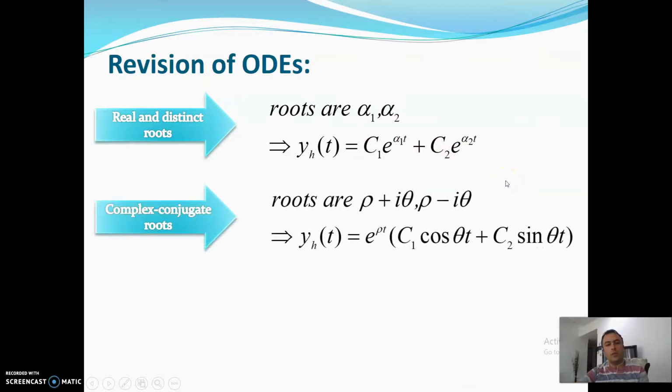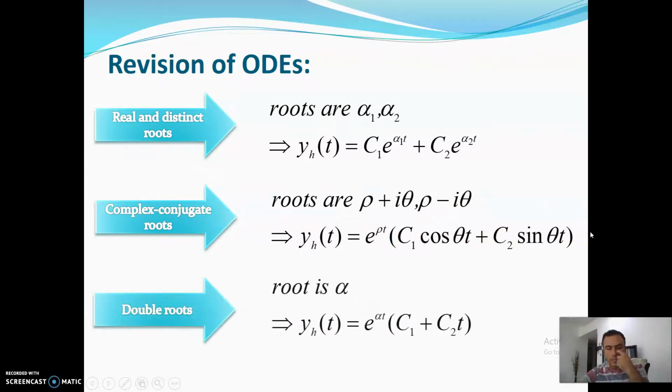And for the complex conjugate roots, we will have the homogeneous response in the form e to the rho t, in which rho is the real part of the roots, and theta is the imaginary part of the roots. So again we will have two constants, c1 and c2: c1 times cosine theta t and c2 times sine theta t. And finally for the third case we will have double roots in the form of alpha.